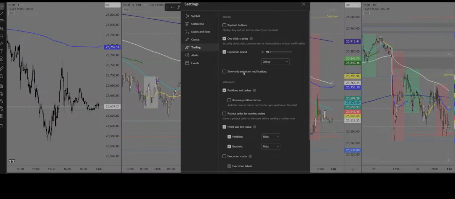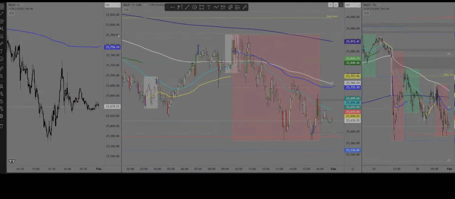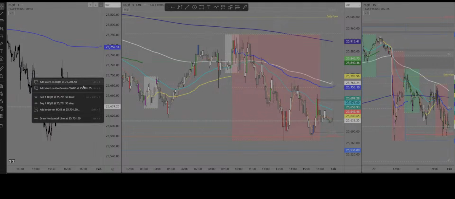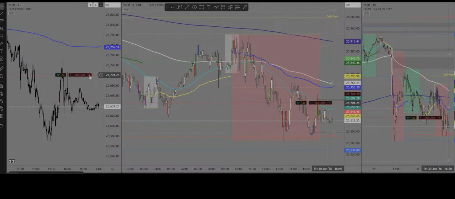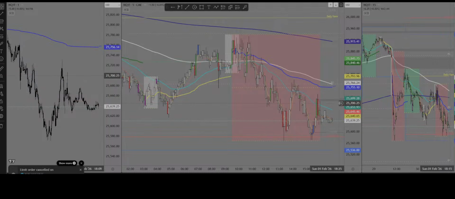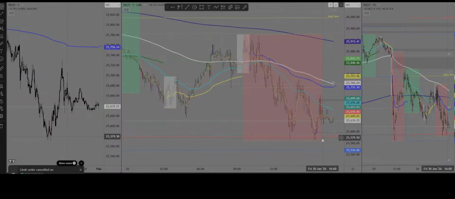Okay, now the only scary part is I don't know where the buy and sell buttons will be. No, there's got to be a way to do it. I guess I just have to manually do it, and it just keeps the buttons off.